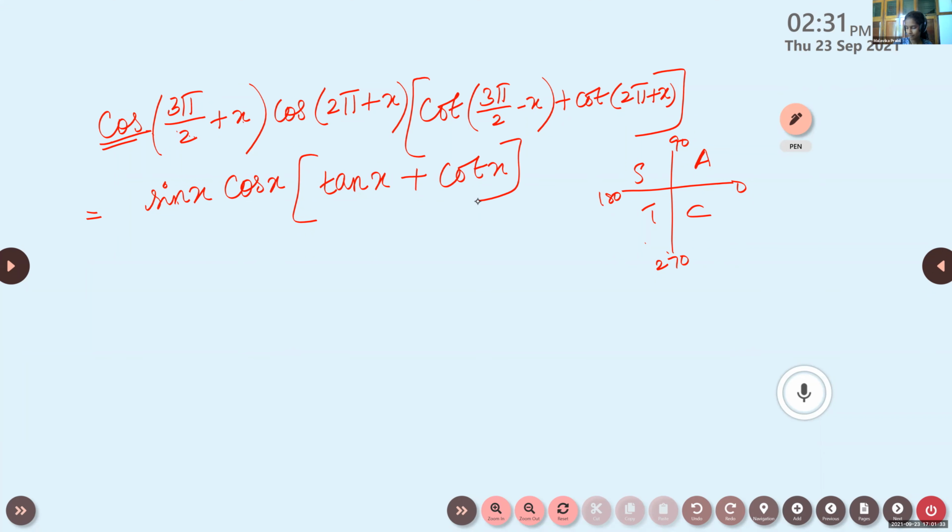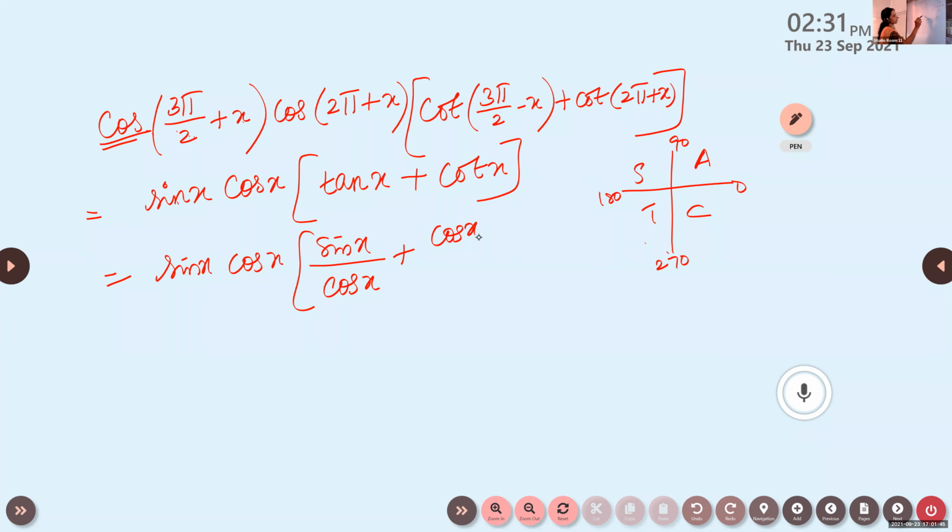Okay, so next step is simplify this. Convert everything in terms of sine and cos. Cos x into tan x, we can write this as sine x by cos x. Plus cot x, we can write this as cos x by sine x. Again, take the LCM. So it is sine x into cos x.